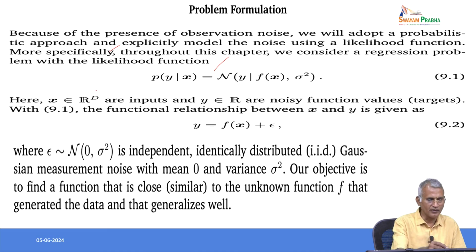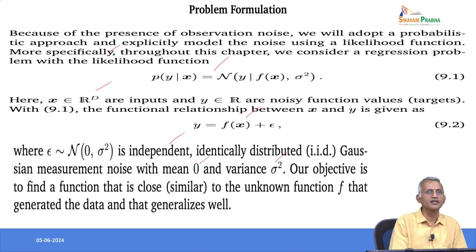Here x in R^D are inputs and y in R are noisy function values, or targets. With equation 9.1, the functional relationship between x and y is given by y = f(x) + epsilon, where epsilon ~ N(0, sigma^2) is independent and identically distributed Gaussian measurement noise with mean 0 and variance sigma^2.